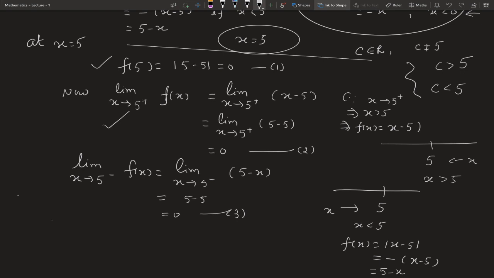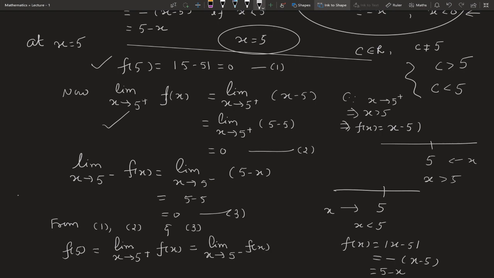So from 1, 2 and 3, f of 5 equals limit as x tends to 5 plus of f of x, equals limit as x tends to 5 minus of f of x.